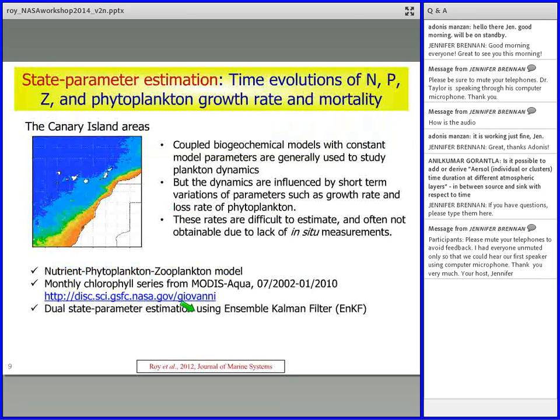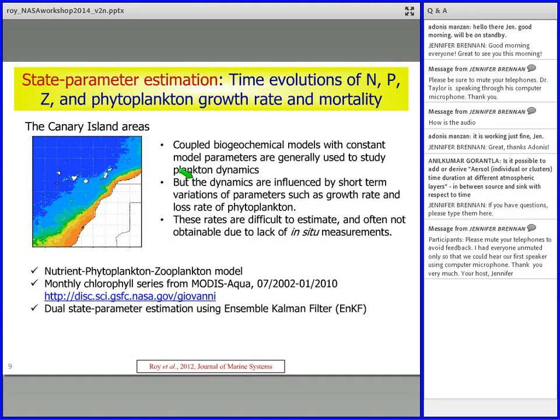The first example is the state parameter estimation. As we know, phytoplankton dynamics are often understood through biogeochemical models. These biogeochemical models contain constant parameters, and these constant parameters are generally used in most of the cases.